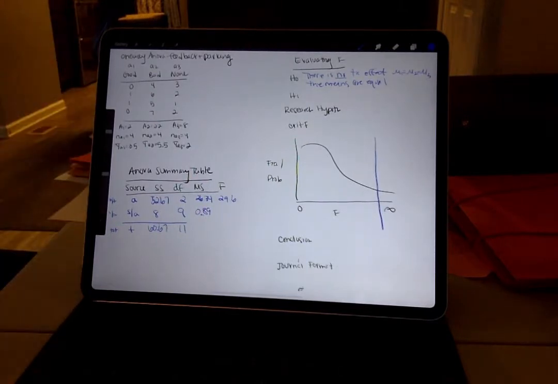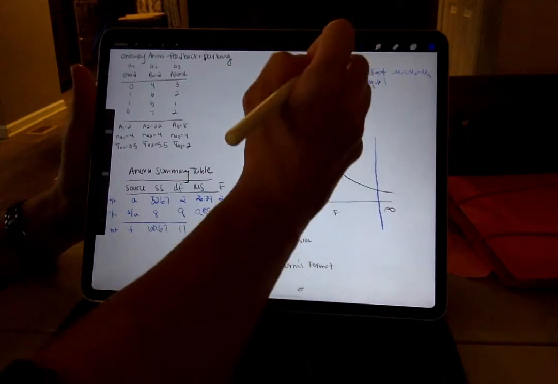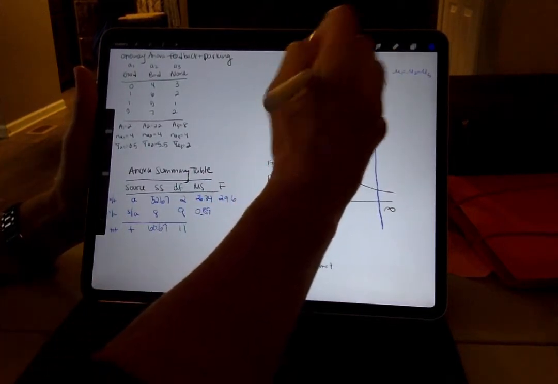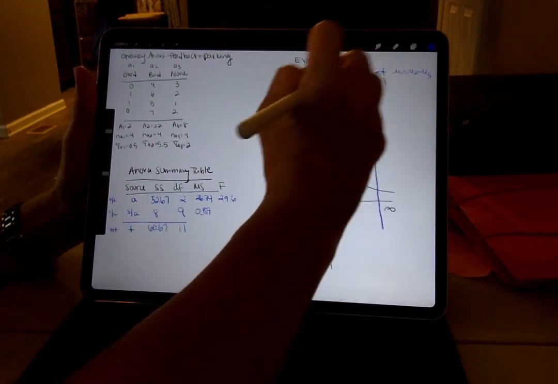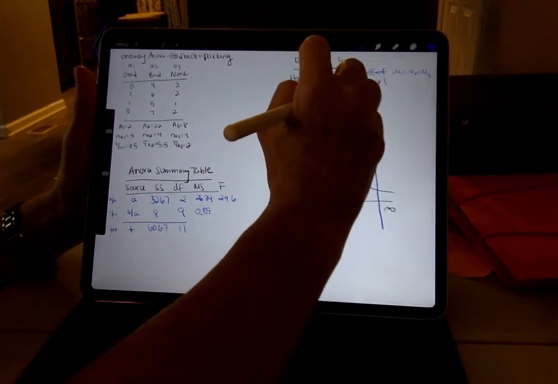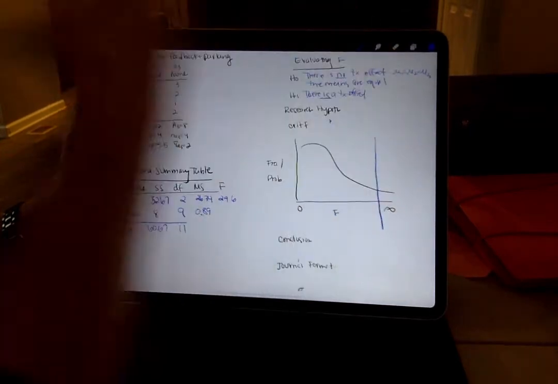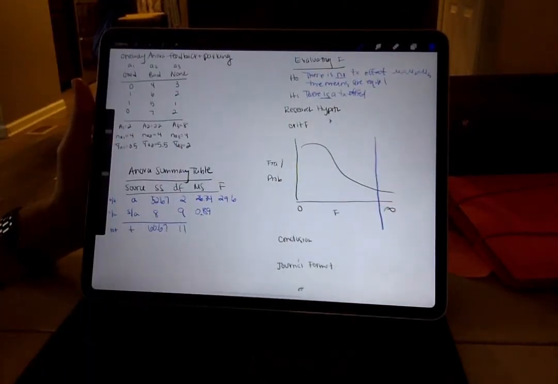The alternative hypothesis is exactly the opposite. So whatever we set up here, we're going to reverse it for the alternative. So the alternative hypothesis is there is a treatment effect.